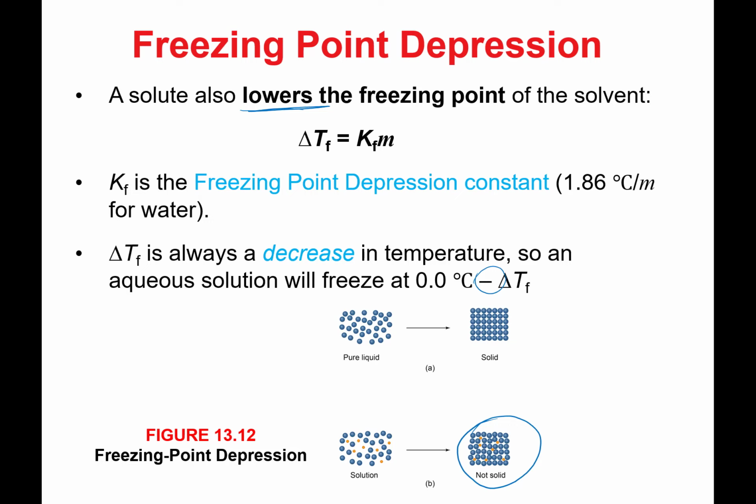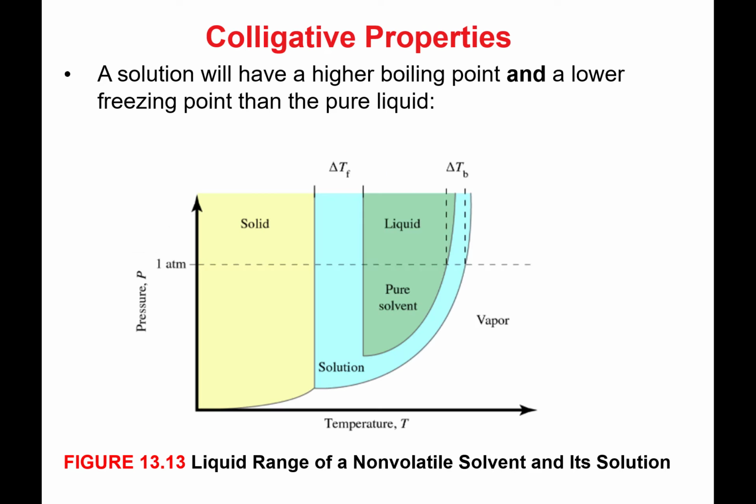Now we can summarize the effect on the boiling and freezing points of a liquid by looking at the phase diagram. We learned about phase diagrams before. The green shows the liquid area for the pure solvent. Now what we have seen is that the solute lowers the freezing point, so that means the liquid-solid line shifts to the left.